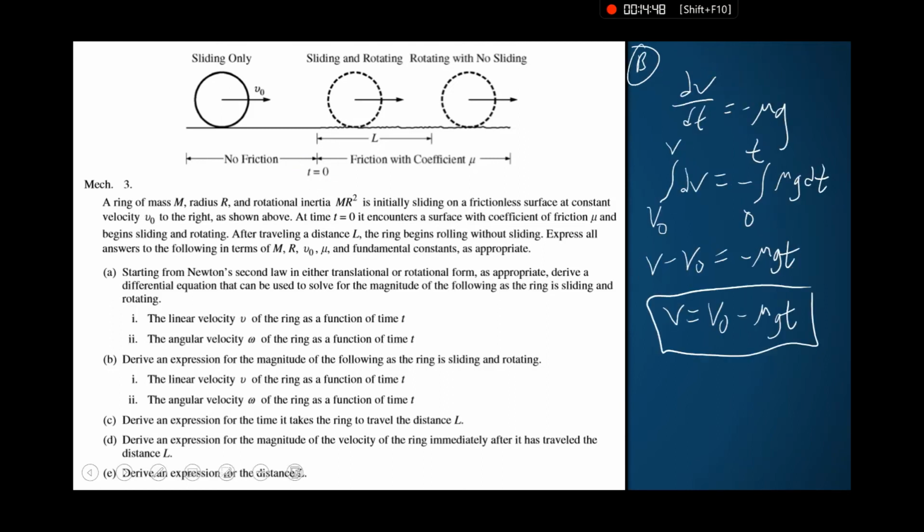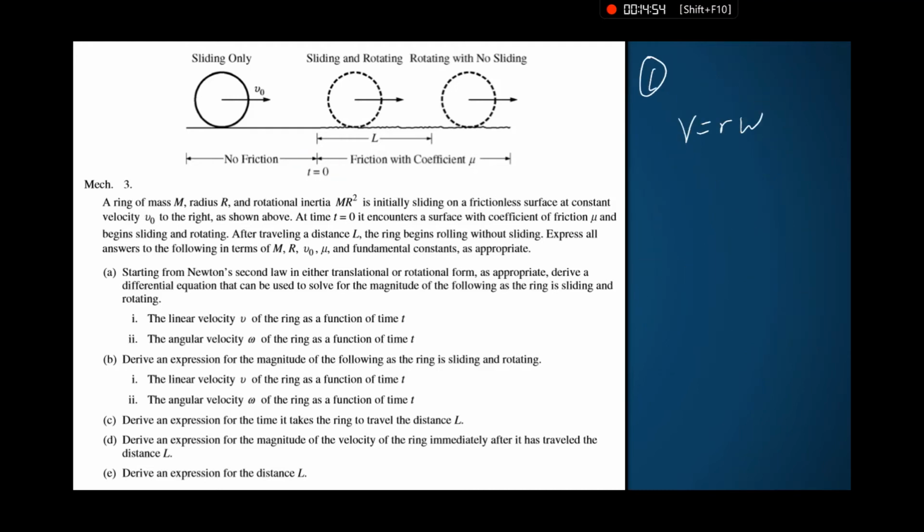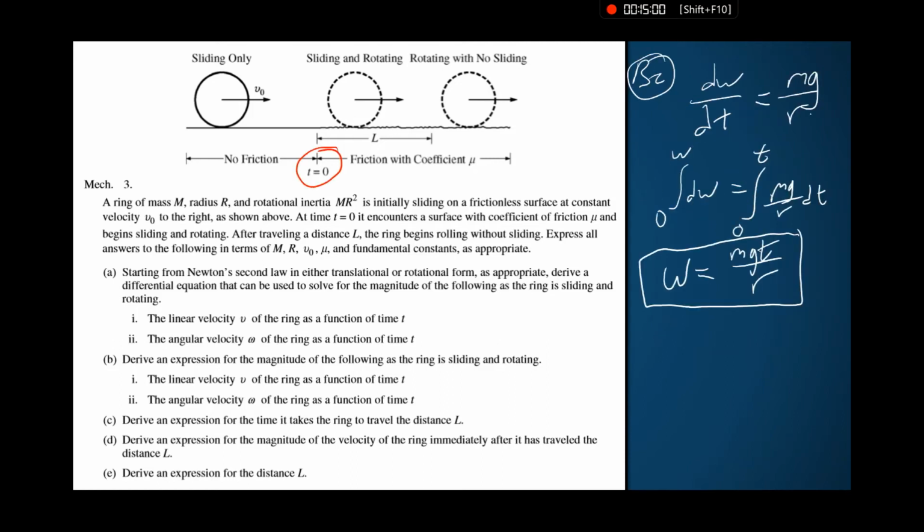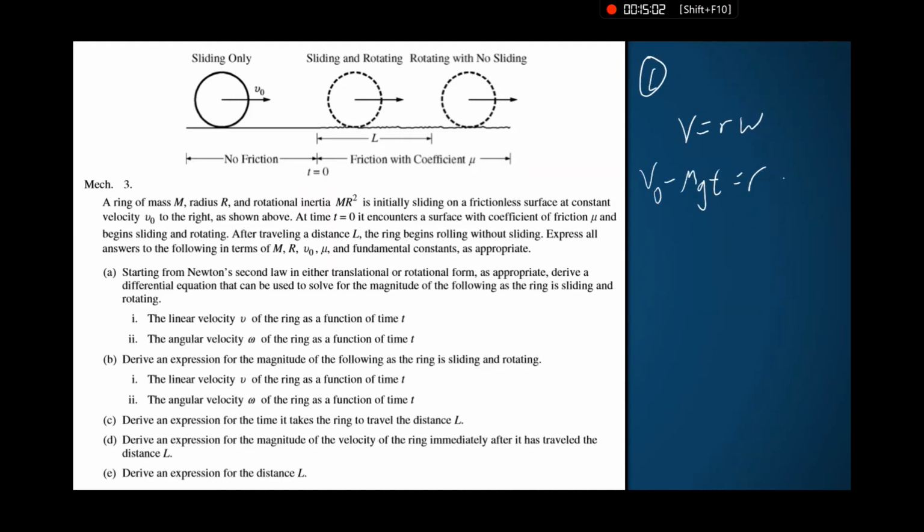And we had a velocity formula from part B1. So I'm going to sub that in. V naught minus mu gt is equal to R times our omega formula, mu gt over R. Okay, and now we've got an equation with t's that we can solve for.